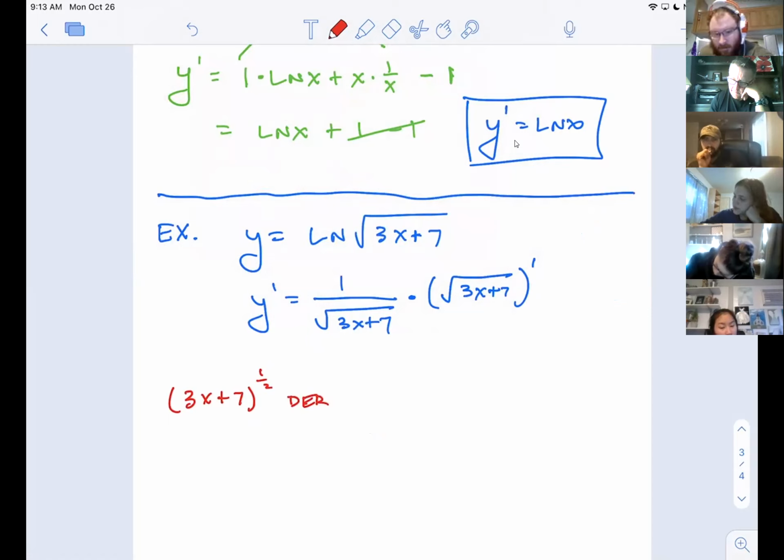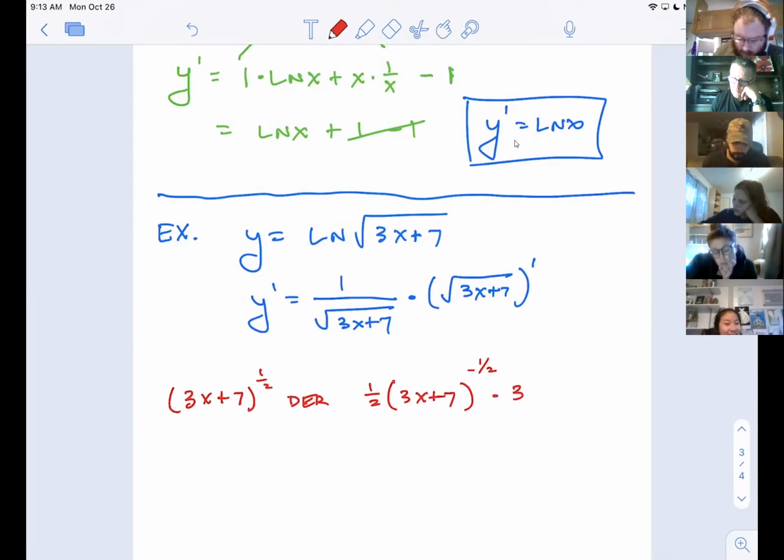The 1/2 comes down front. The junk inside stays unchanged, but I subtract 1 from the exponent. But even that is a chain rule problem, because even there I have to say times the derivative of the junk inside, which is 3. Whew. That's messy.